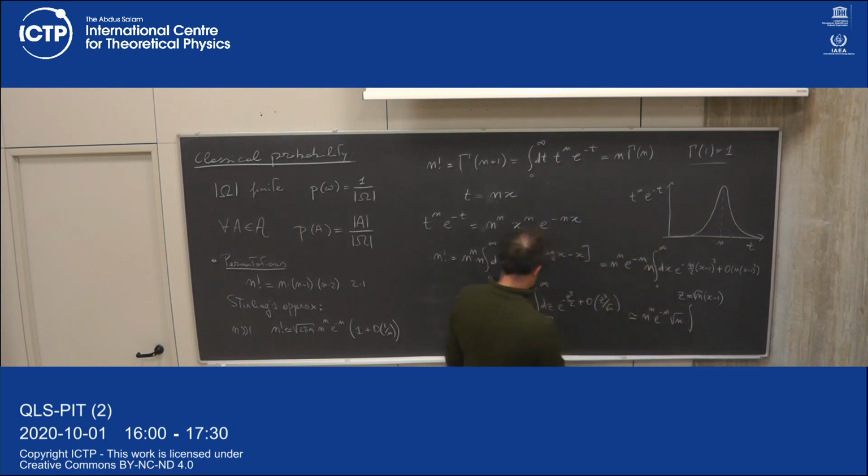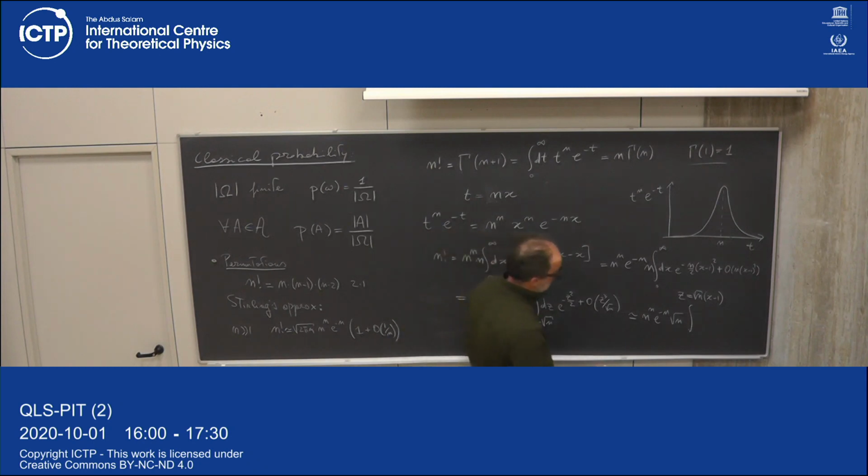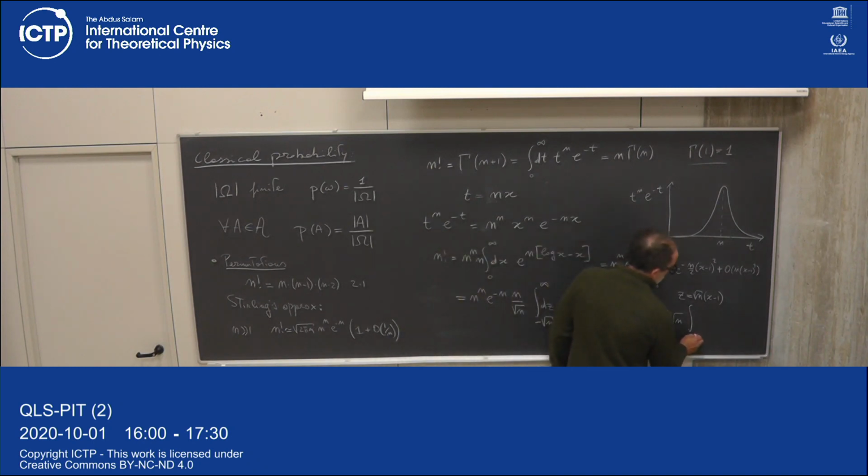Now the integral here goes from minus square root n, which is large, so if I replace this minus square root n by minus infinity, this is going to imply an approximation, an error which is of order e to the minus n, as you can check. So I can do this without problems.